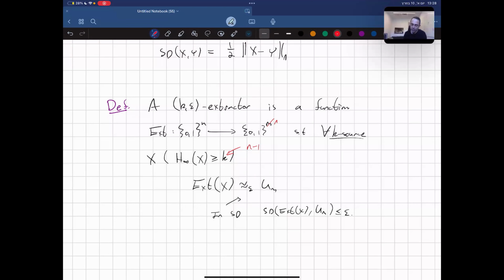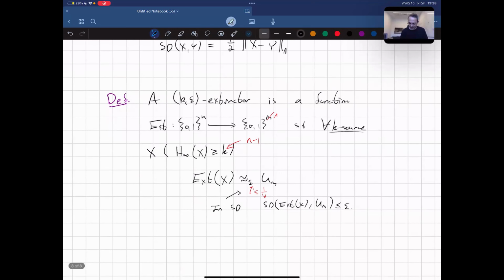Well, every extractor is a 1-extractor in terms of error. Assuming epsilon is at most like 1/10 or 1/4, you can't have that. You can't have an extractor that outputs 1 bit from n minus 1 bits of entropy, which is a lot. You wish a little and get a lot, even with constant error.